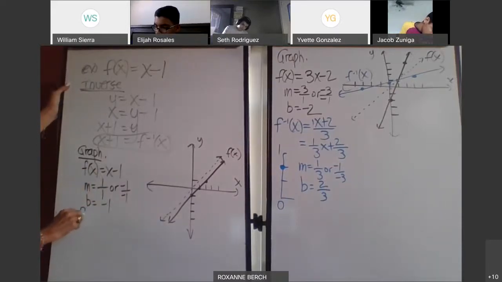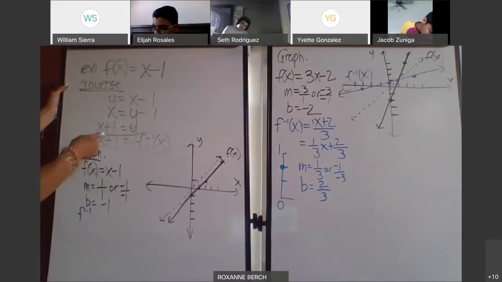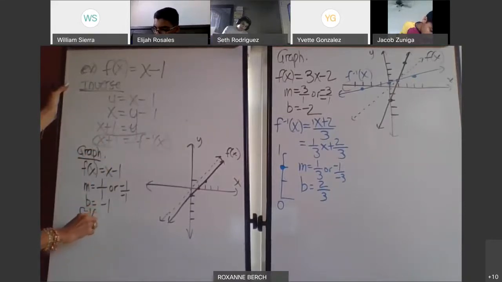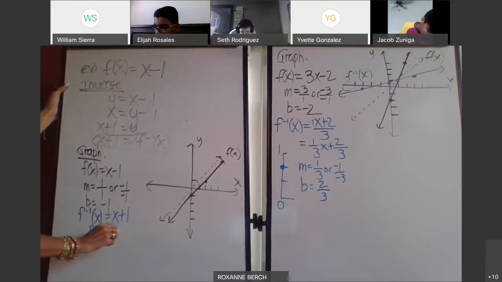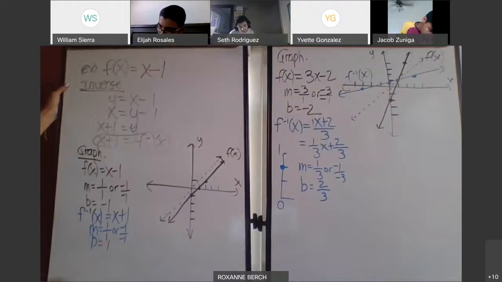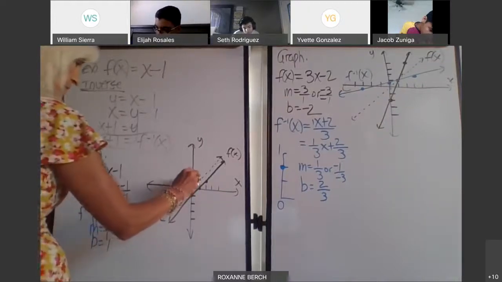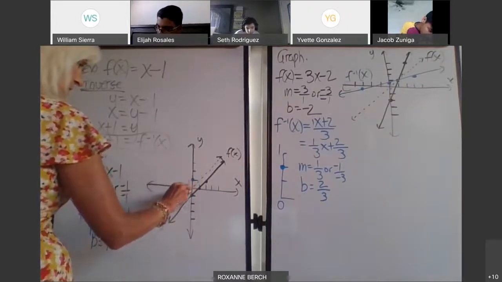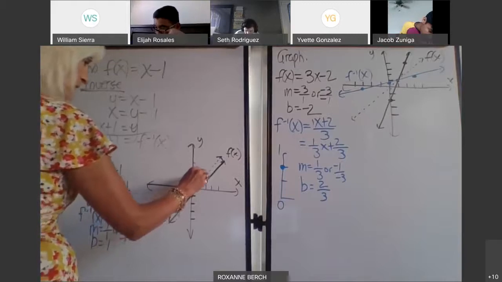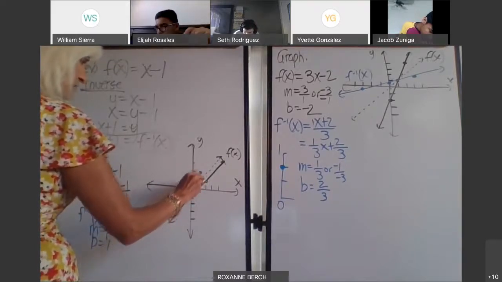So the inverse is right here. F inverse of x is x plus 1, which means the slope is up 1, right 1, up 1, right 1, or down 1, left 1, and the intercept is 0, up 1. So we're doing up 1, right 1, or down 1, left 1.